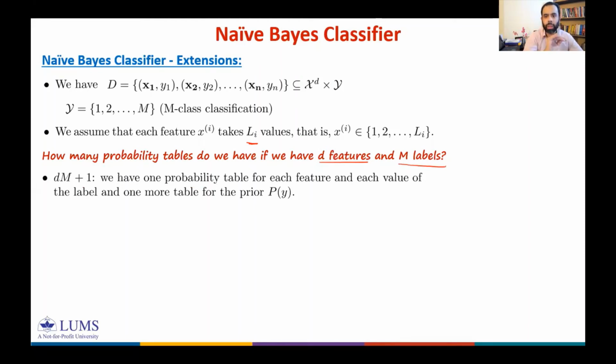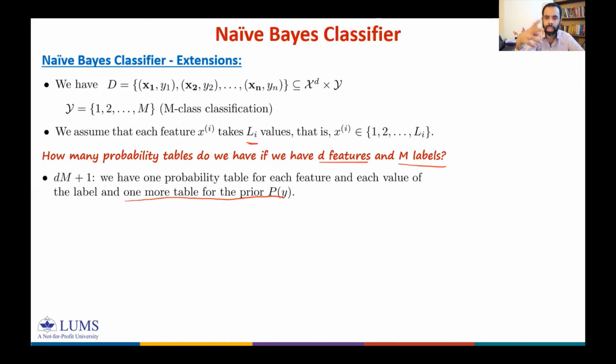In each table, we will have probabilities for that feature and for that value of the label. So we have a different table for each feature and each value of the label. And finally, we need one more table for the prior. So in total, we need D times M plus 1 probability tables.